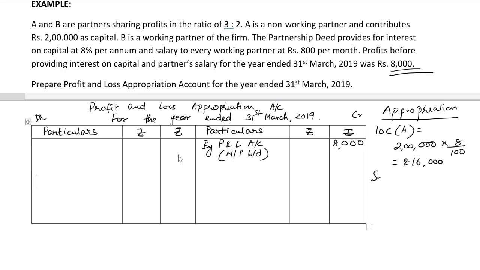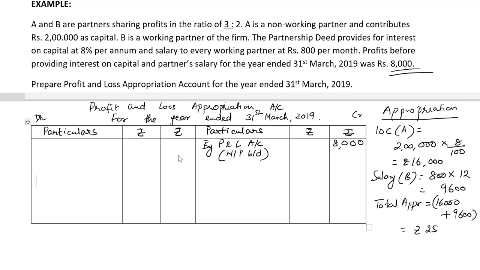And the salary to the working partner B is equal to 800 per month for 12 months, which is equal to 9,600. So the total of the appropriation is equal to 16,000 plus 9,600, which is equal to rupees 25,600.